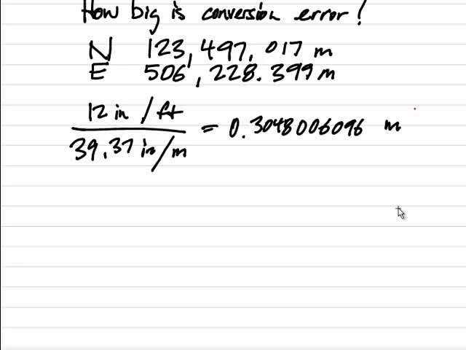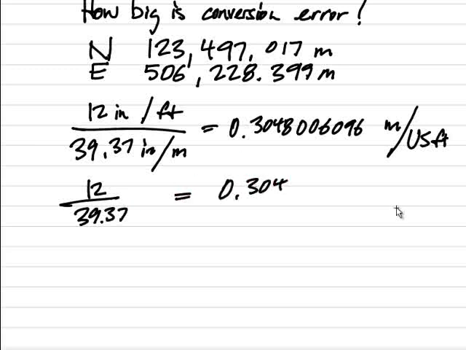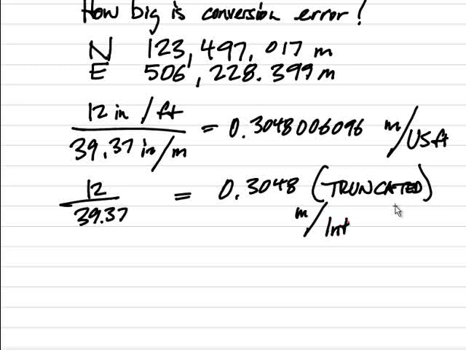This is meters per U.S. survey foot. Well, the international foot starts the same way, 12 divided by 39.37, except we truncate the values to exactly 4 places. That's not rounded. That is truncated. This is the number of meters per international foot.